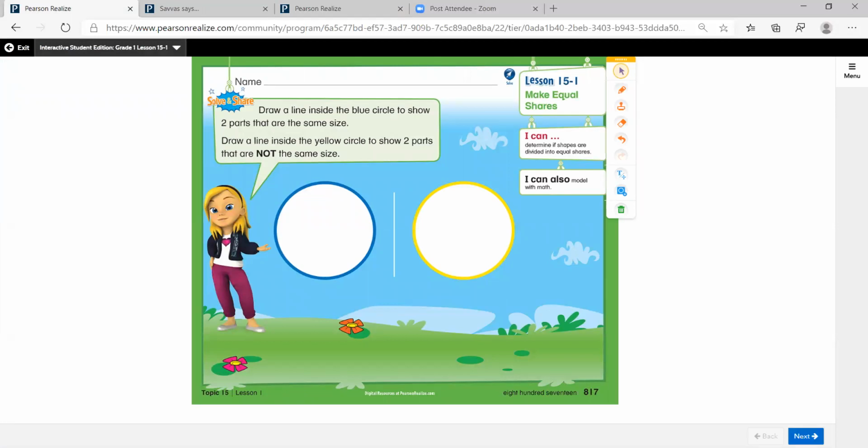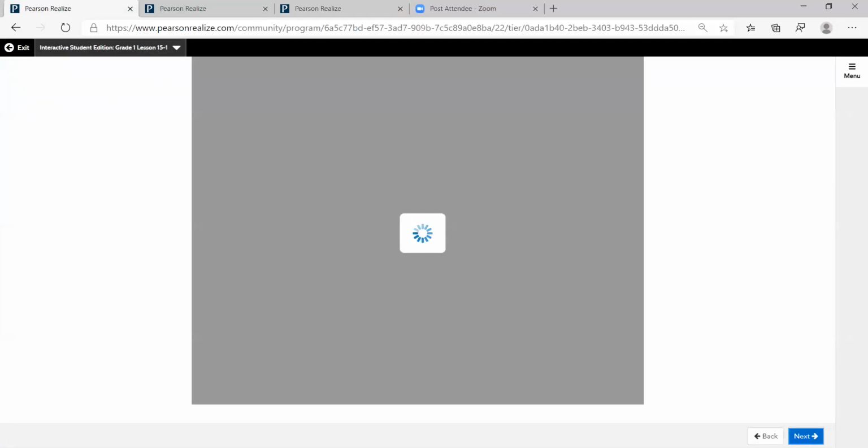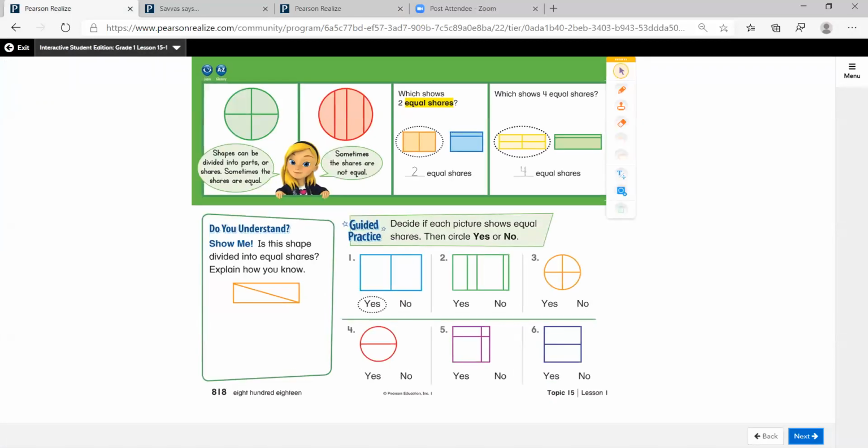Let's take a look now and continue our lesson. Let's look at the Do You Understand box. Show me, is this shape, our orange rectangle, divided into equal shares? Explain how you know.